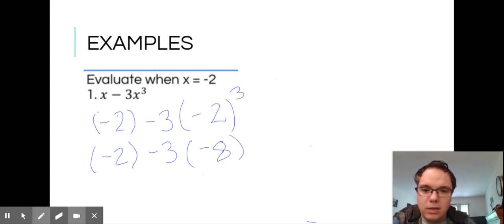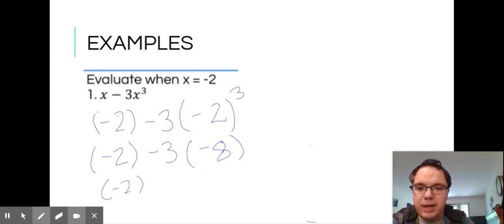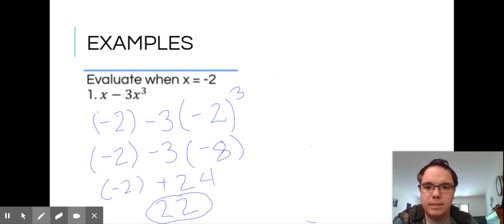All right. So now still following the order of operations, I'm going to multiply my -3 times -8 and get a positive 24. And -2 plus 24 is 22. So change both x's to -2. Follow the order of operations to simplify to get 22.